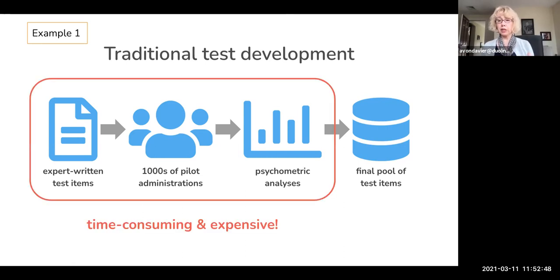But this part is extremely time consuming because you need a significant amount of items in the item pool. So you need to repeat this piloting over and over to have sufficient item statistics for each item. And obviously the expert written test items is also an extremely expensive activity.